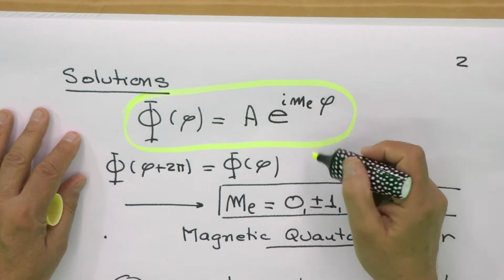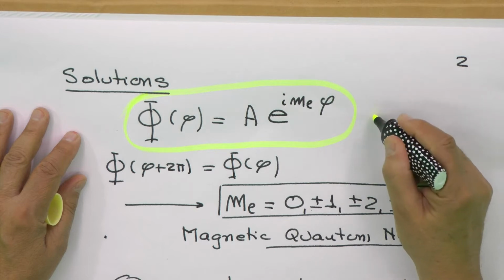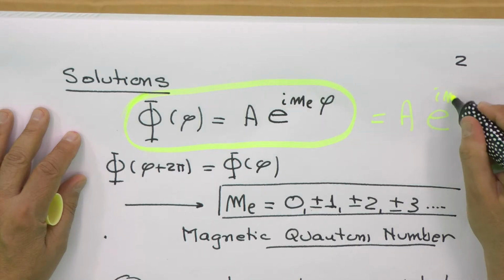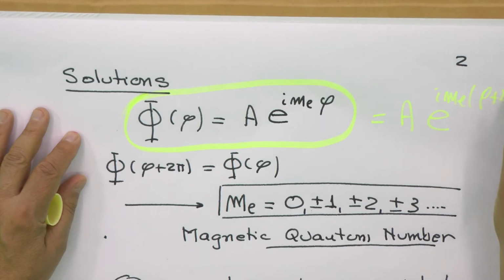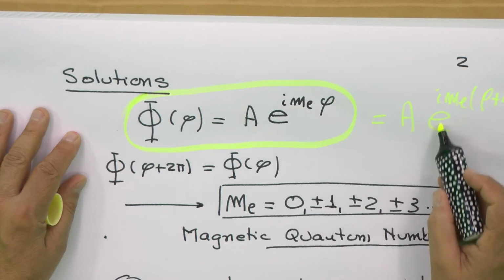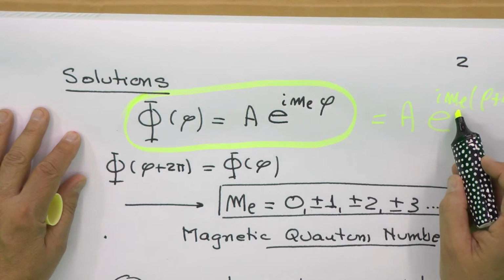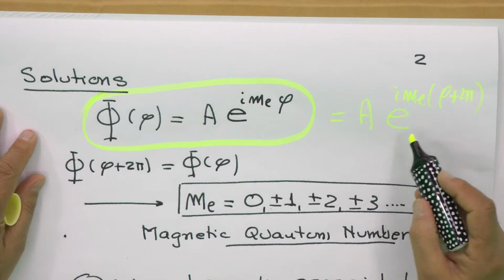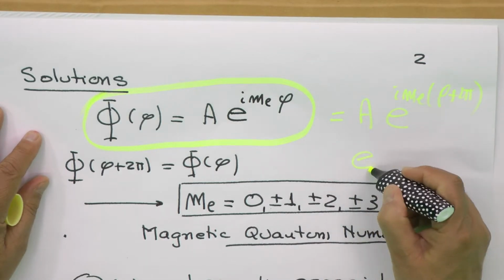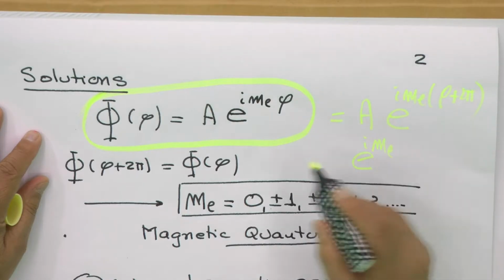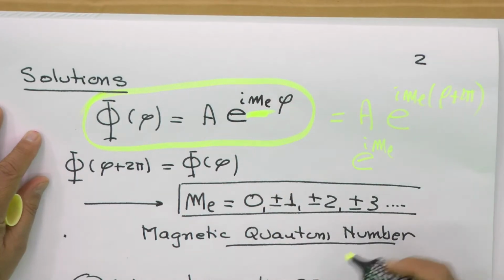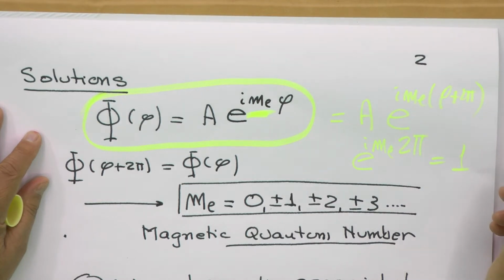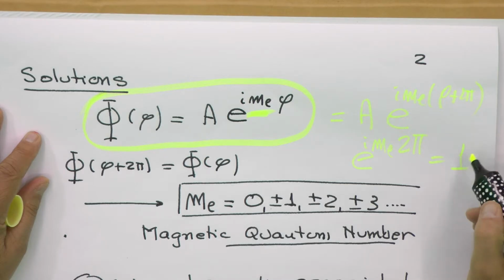For that to be true, A exponential of i m_l phi has to be equal to A exponential of i m_l (phi plus 2 pi), because the exponential of i m_l 2 pi has to be unity, right? So the only way for this to be true is if the exponential of i m_l, which is this constant that we put in the solution, times 2 pi is unity, because then we don't change.